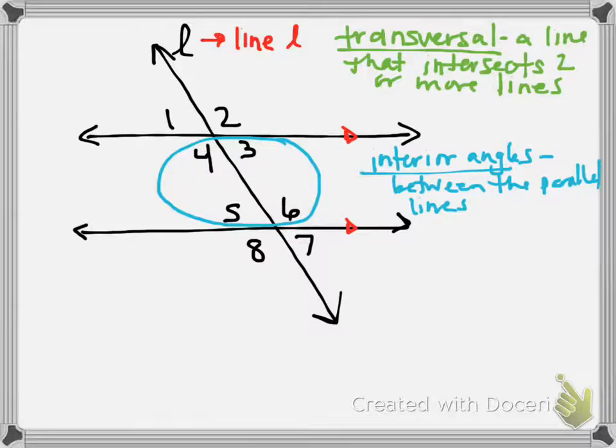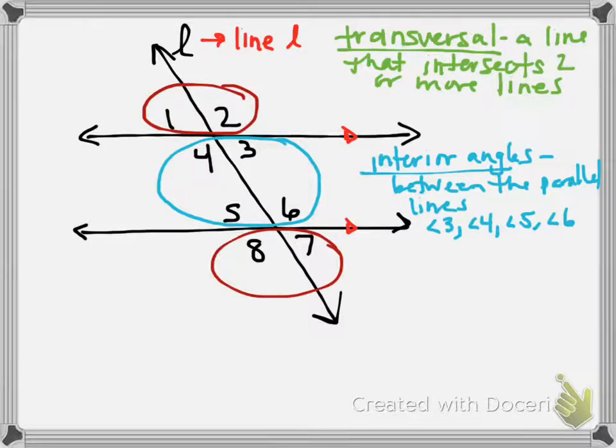So 3, 4, 5, 6 are considered interior angles. So I use the symbol angle for angle 3, angle 4, angle 5, angle 6. Inside, interior. If you look outside of the two parallel lines, those angles are called exterior angles.